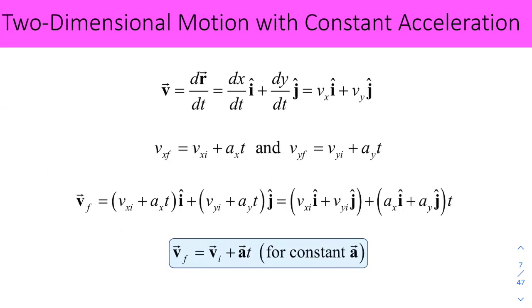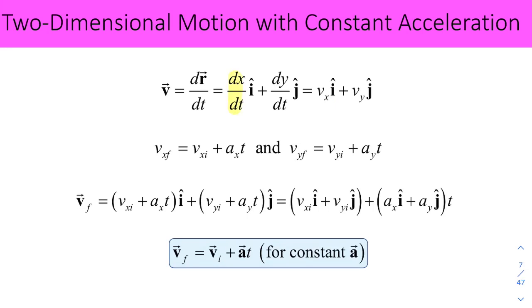So the V itself is defined as dr over dt. What is dr? Within r itself, you have xi and yj. So dxi over dt, dx over dt along I here, is your vx.